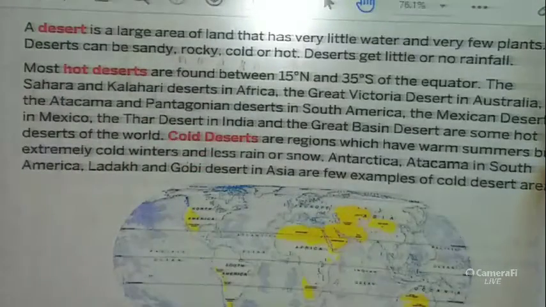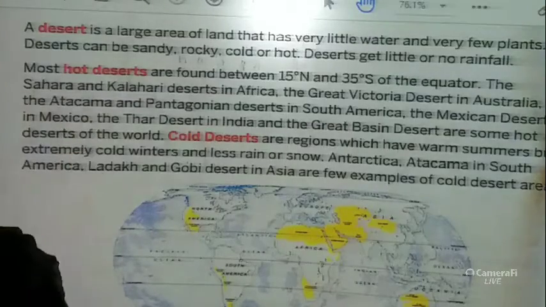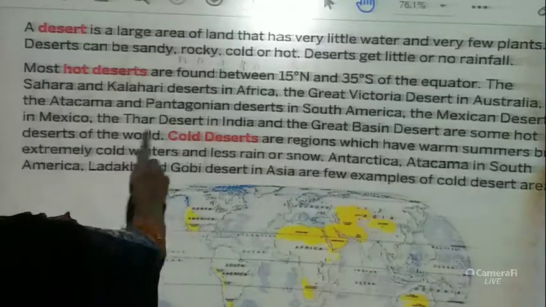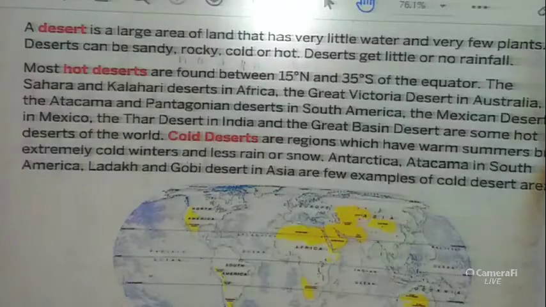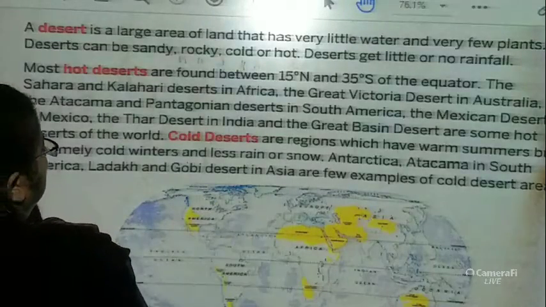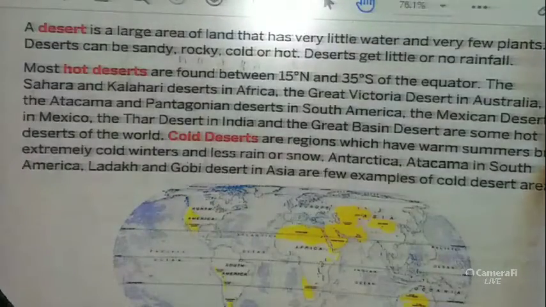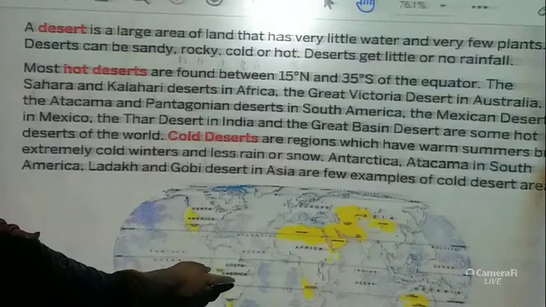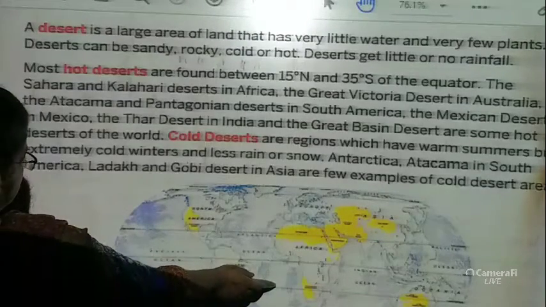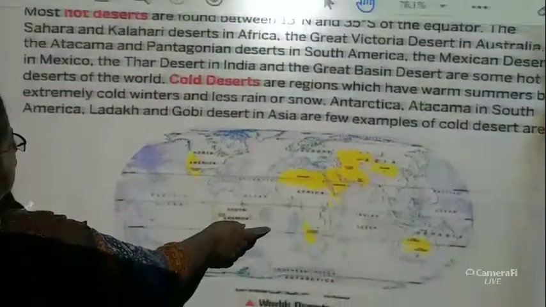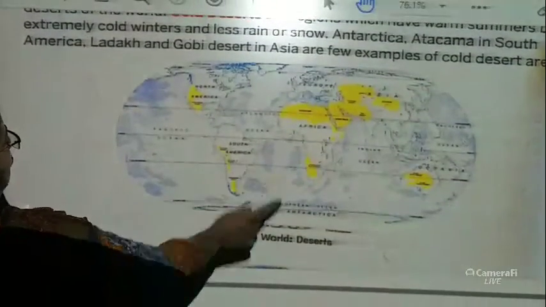Now children, there are two kinds of deserts. One is the hot deserts and second is the cold deserts. Cold deserts are very cold. They are warm during summers but extremely cold during winters. They receive very little rain or snowfall.